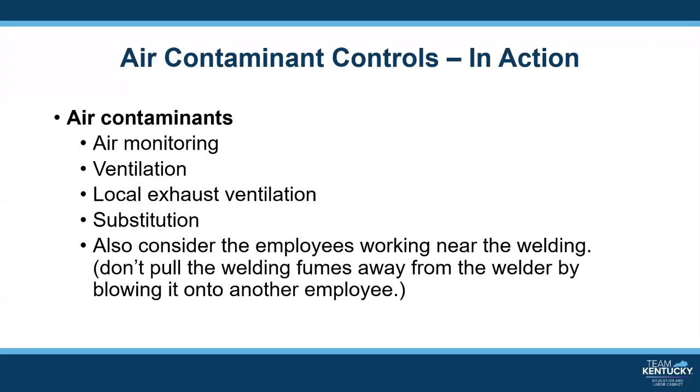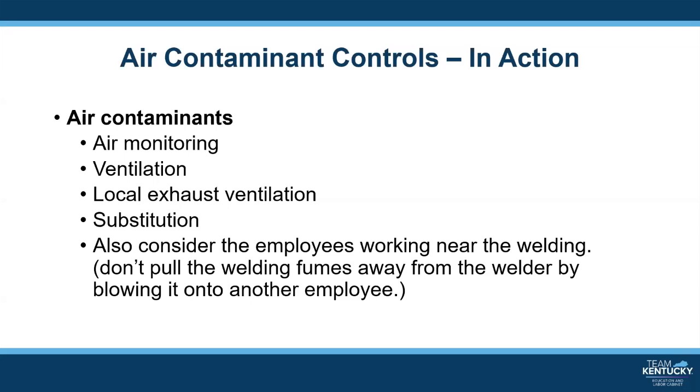Examples of these control methods include the following. Always use natural ventilation outdoors and good ventilation indoors to blow welding fumes away from the employee. You might need to increase ventilation by adding local exhaust ventilation indoors, as close to the source as practical.